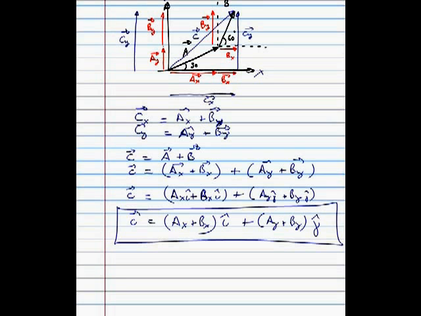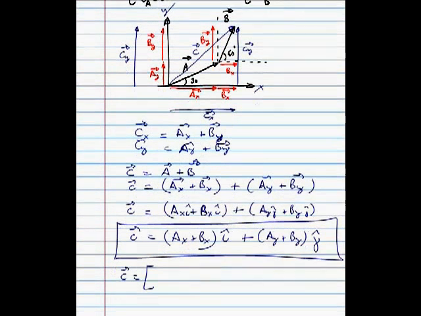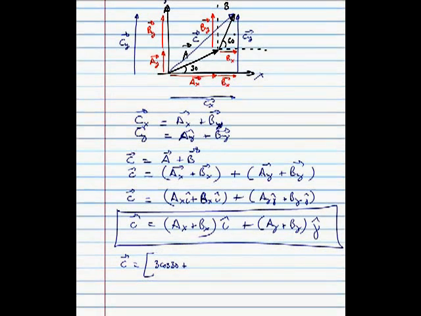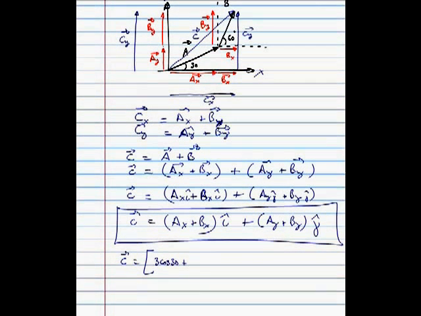And that's it. Now how am I going to get the ax, bx, ay, by? Using the same method as before. My ax will be the magnitude of a times the cosine of the angle, in this particular case 30. A was given as 3, so I'm going to put 3 cosine 30 plus the magnitude of b, which is 2 cosine 60.